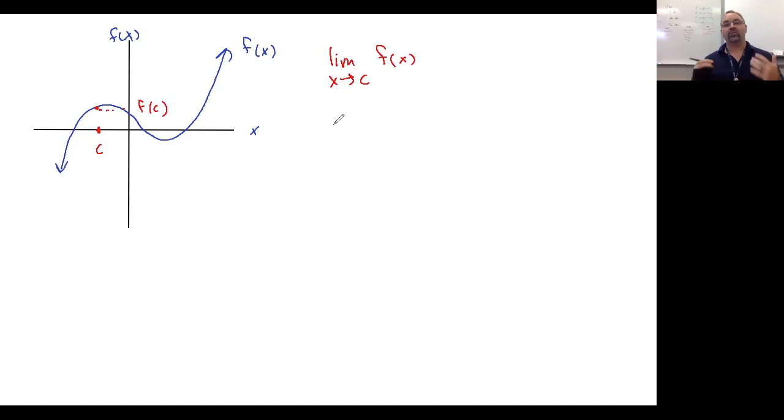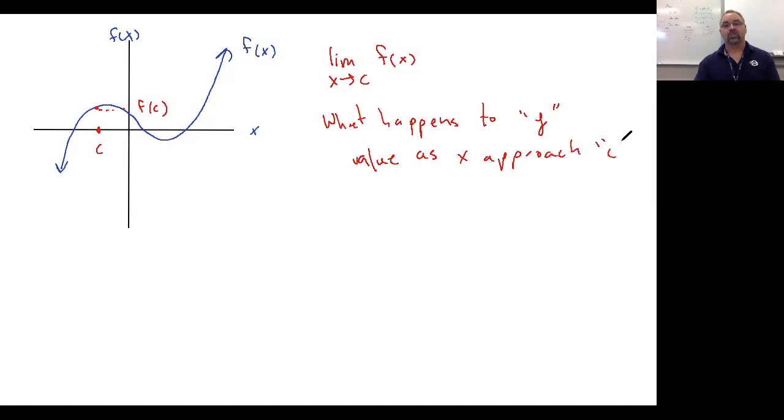We just want to know what is the tendency of that function as the x coordinate gets closer and closer to c, as the domain value gets closer and closer to the coordinate c. And so what happens to the y value as x approaches c?